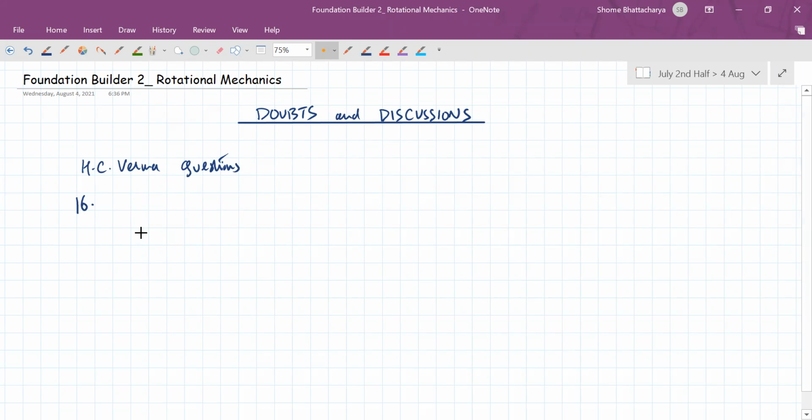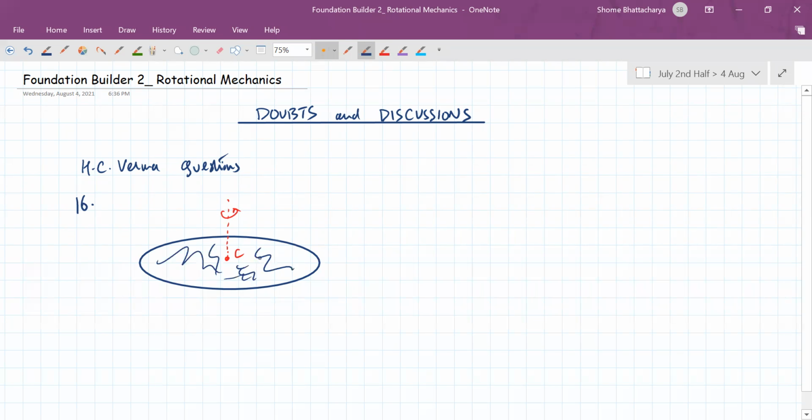So we have, say, a disk like this. This is the center of the disk. We're talking about an axis that is passing through the center. The disk is rotating about this, but it has a variable surface distribution of mass.